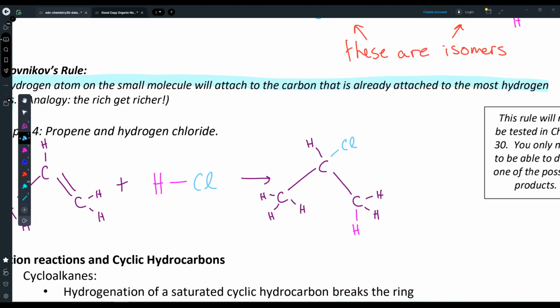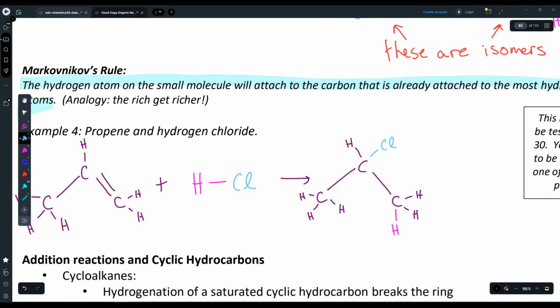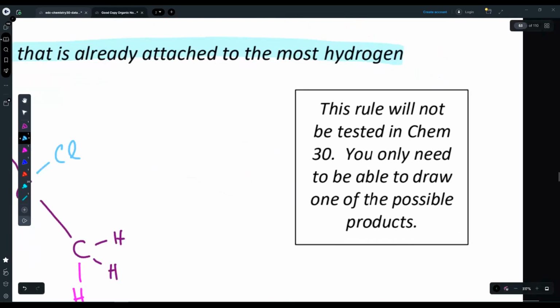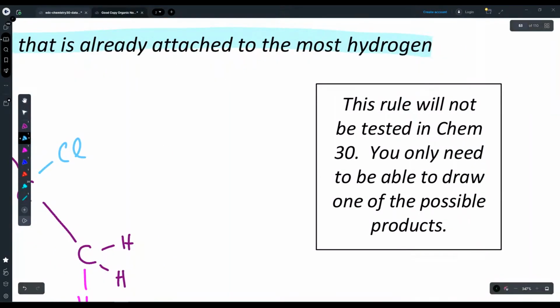Okay, so that would be the most likely product according to Markovnikov's rule. Okay, so just keep in mind that Markovnikov's rule isn't really tested for in Chemistry 30, and ultimately you only need to be able to draw one of the possible products.